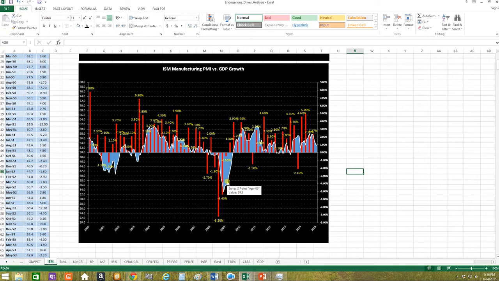Also, we need to look at the situations in between. So the situations in between are the major slowdowns, the big slow trend. And also, we need to look at the major inflationary trends, for example, in 2009 and in 2010.